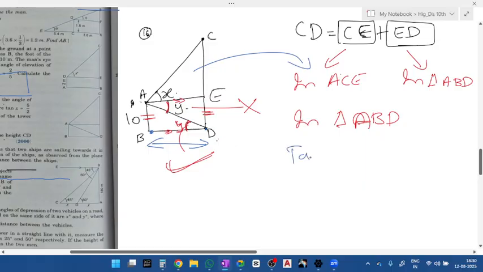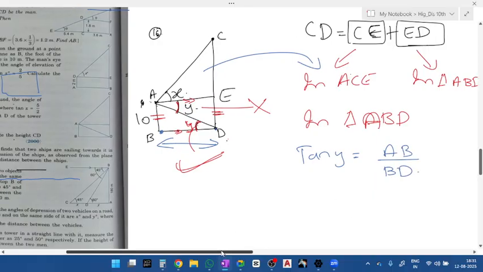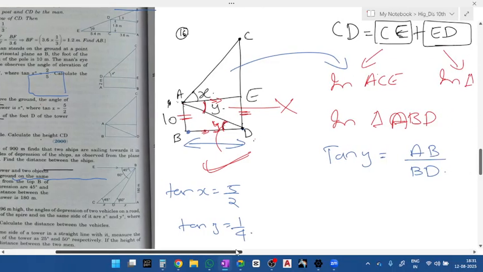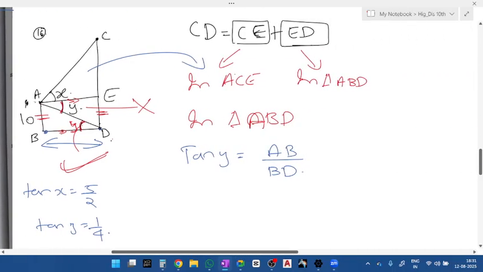Now tan Y. What is tan Y? It is equal to AB divided by BD. What is tan Y given in the question? Tan X is equal to 5 by 2, and tan Y is equal to 1 by 4. The angle of depression was given. We converted that to Y. Remember that. So never take the angle of depression and solve.